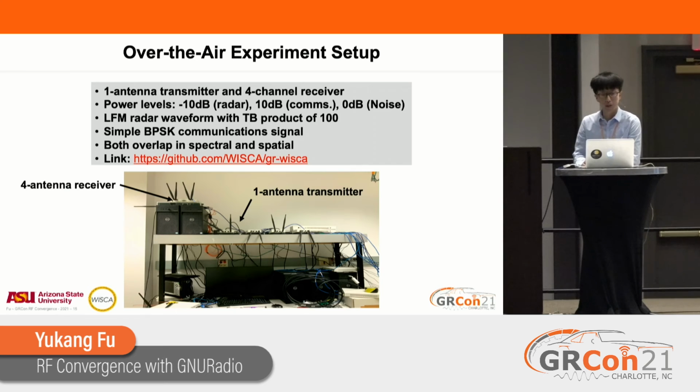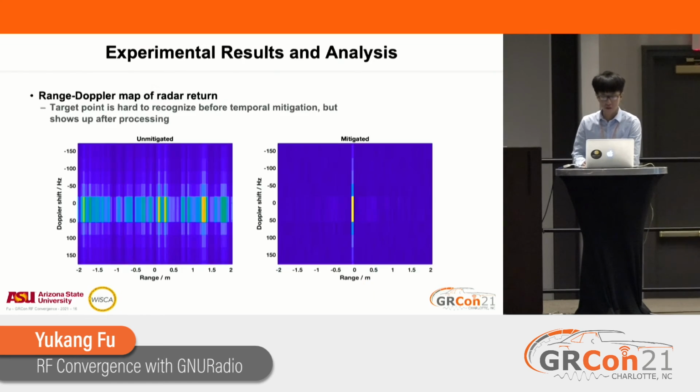Next, I'll show you the results. These are the range Doppler maps of the radar return. The one on the left is the radar return before temporal mitigation. Here the communication signal is not removed yet, and the one on the right is after the temporal mitigation.